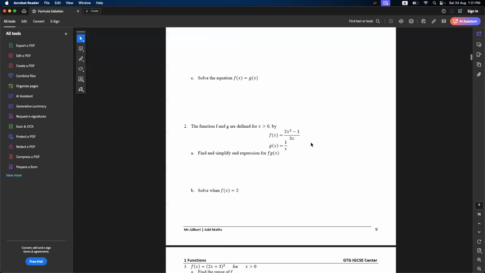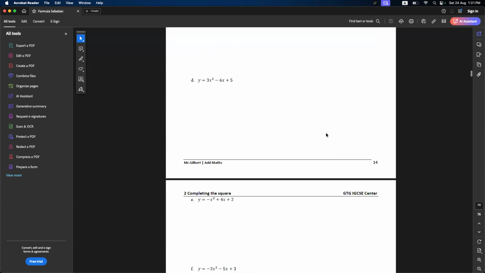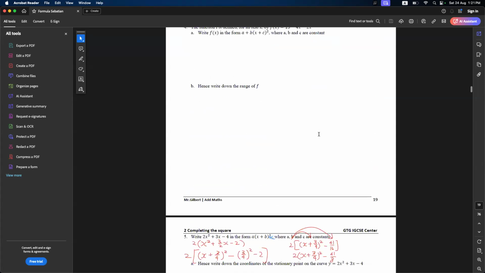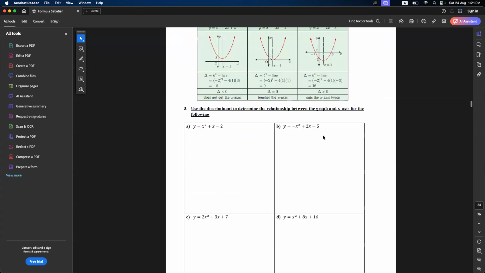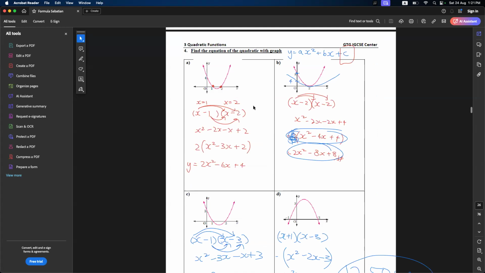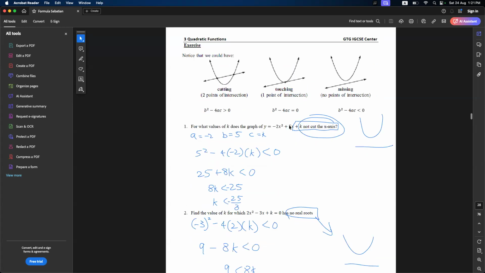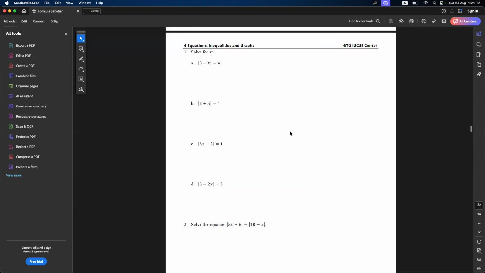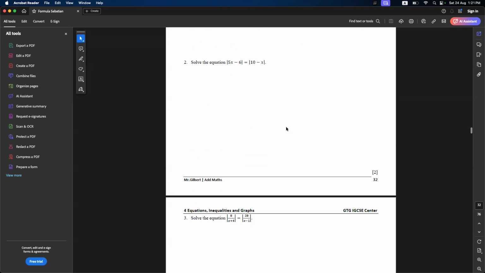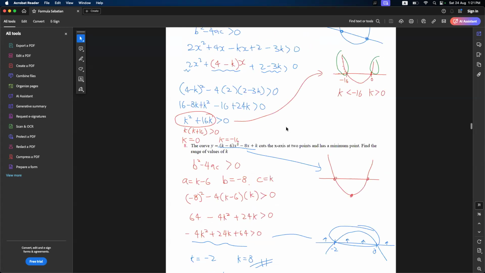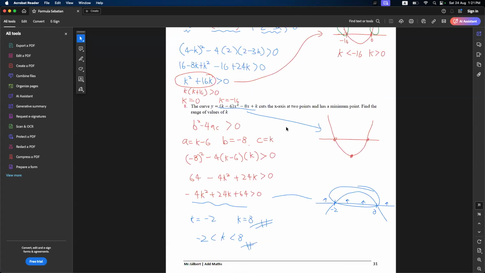Okay, guys. The page number is not going to be aligned, but the things are the same here. Go to the next chapter after this one, the quadratic functions one. We're going to be doing... it's actually not even the same.